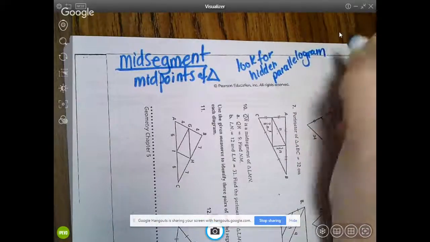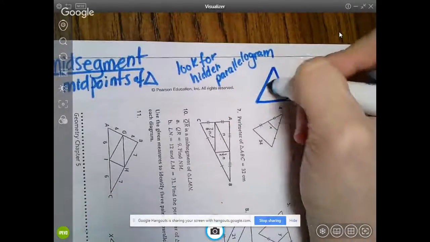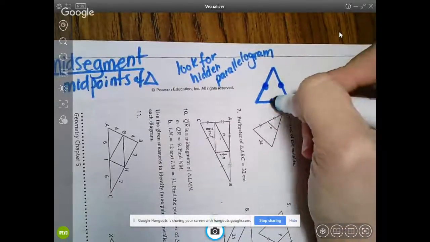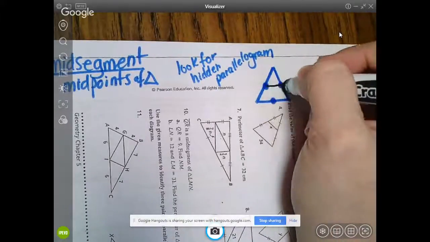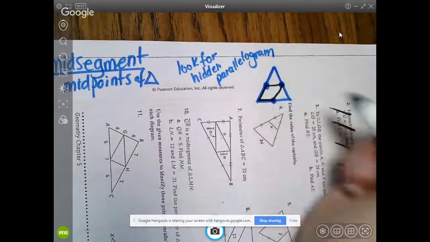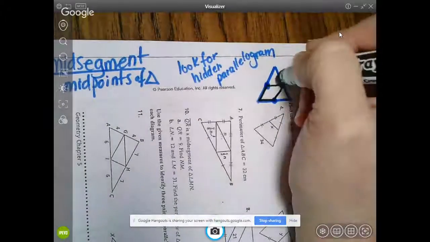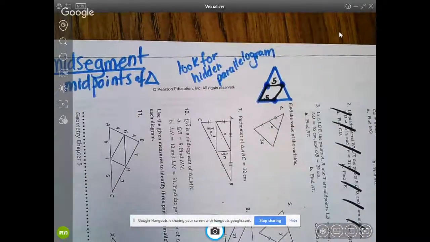So for example, if I have a triangle like this, and I find the midpoints of each side of the triangle, then if I just connect these two sides, I can see my hidden parallelogram. And so if this is 5, I know that this has to be 5, because in parallelograms, we just did on the front page, opposite sides are equal.